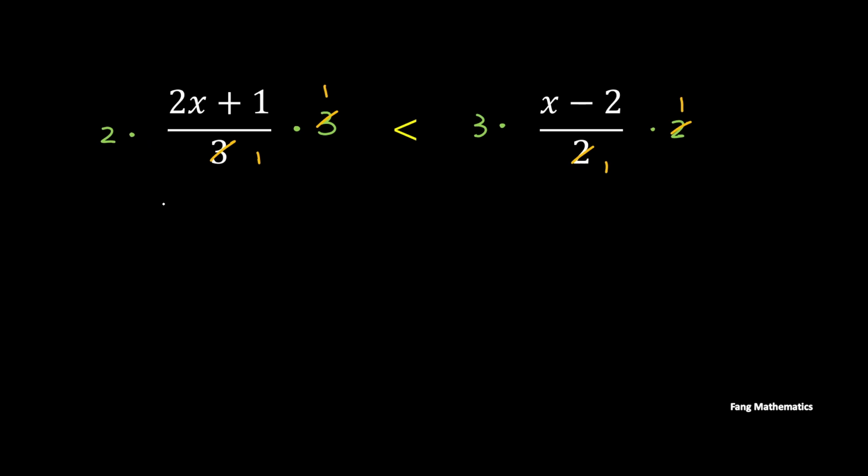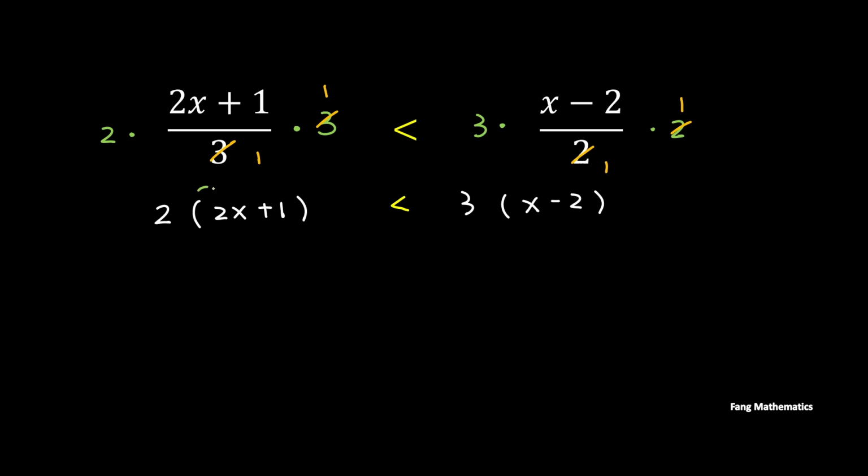You have your 2 as multiplier, and inside 2x plus 1, you should put that inside a parenthesis. Smaller than remain unchanged. On the right, you have 3 as the multiplier and put x minus 2 in parentheses.